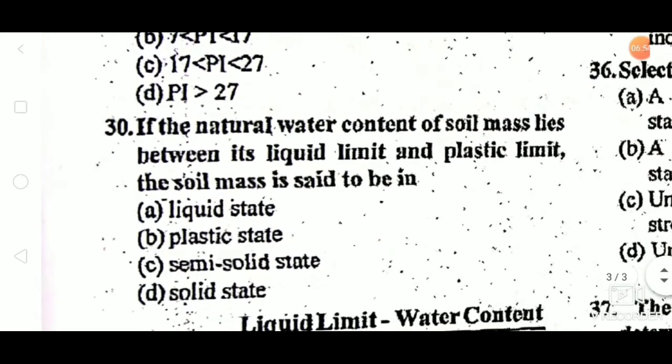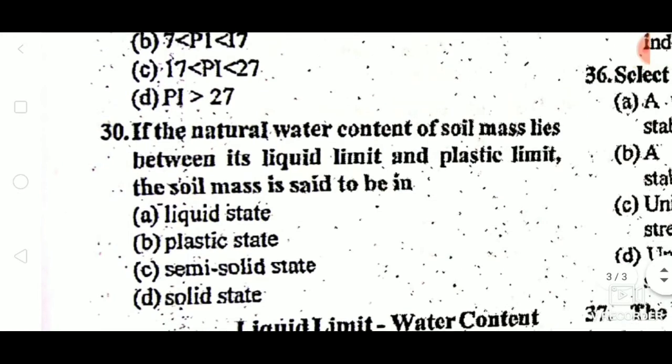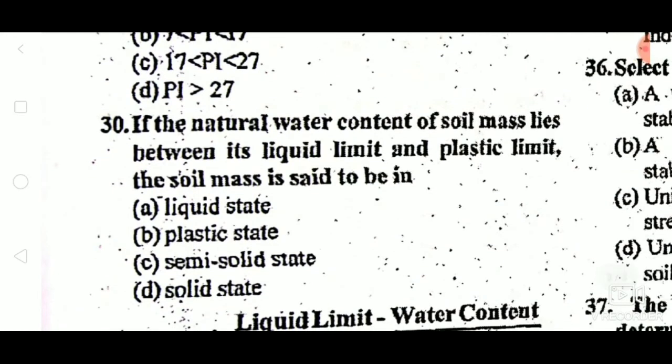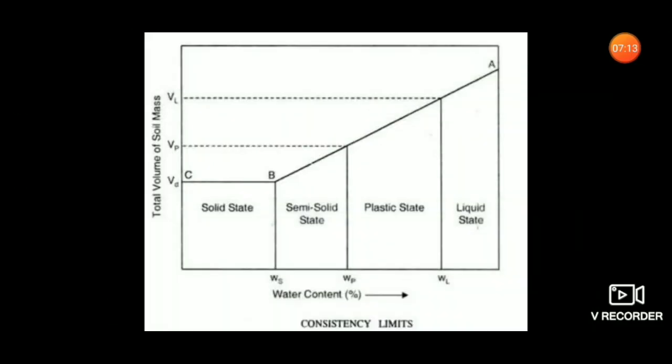Next question. If the natural water content of soil mass lies between its liquid limit and plastic limit, the soil mass is said to be option A, liquid state, option B, plastic state, option C, semi-solid state, option D, solid state. By a graph we can analyze this. Here is the graph. It is between total volume of soil mass and water content.